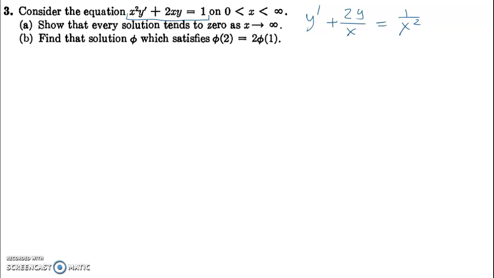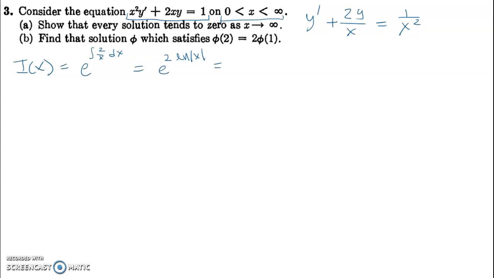Okay, so let's find the integrating factor. So this is going to be e to the power of the integral of 2 over x dx. That's going to be 2 ln of x, but we know that from this given, x is always going to be a positive value.